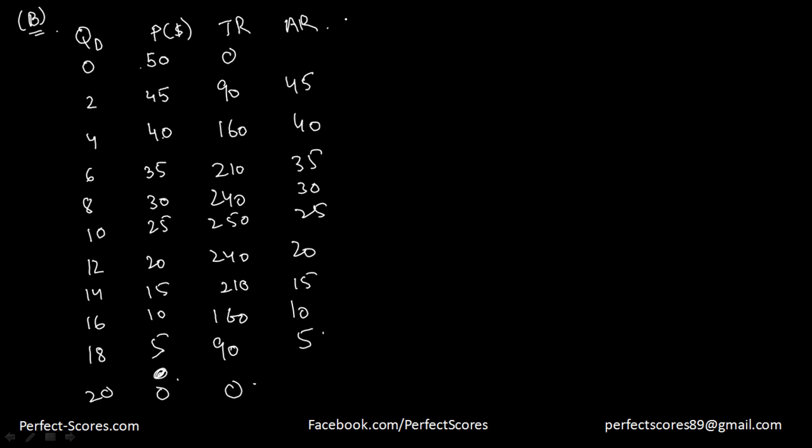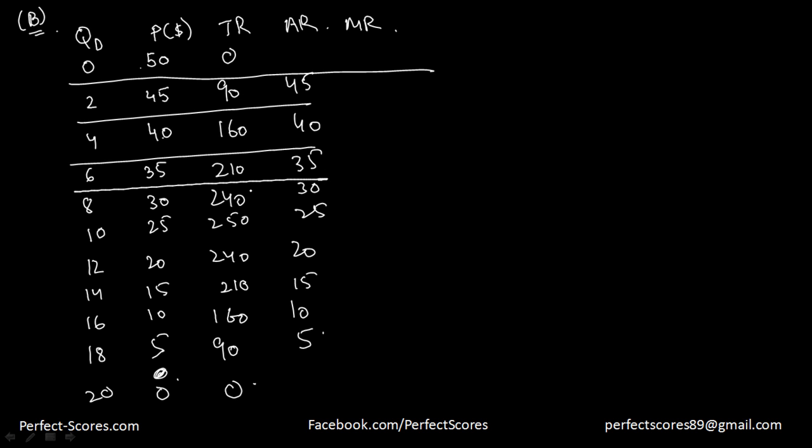And now let's calculate the marginal revenue. What is the marginal revenue? That is going to be the change. I'm just going to draw lines here, just for the sake of convenience, so that later on we're able to identify which one belongs where.